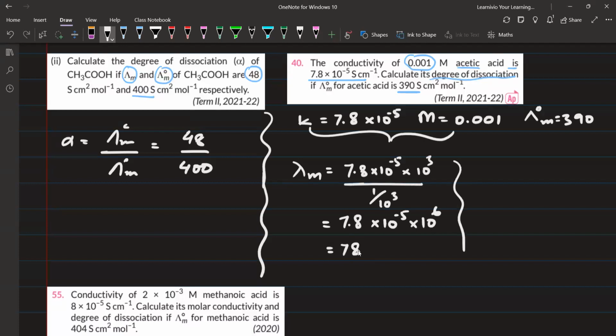Alpha will be equal to lambda m upon lambda naught m, which is 78 upon 390. If we cancel by 10, 39 2 0, so it will be 2 upon 10. Does that make sense? This will be equal to 0.2.